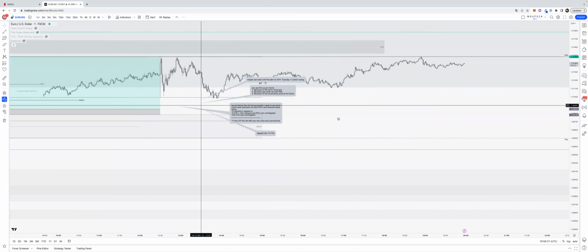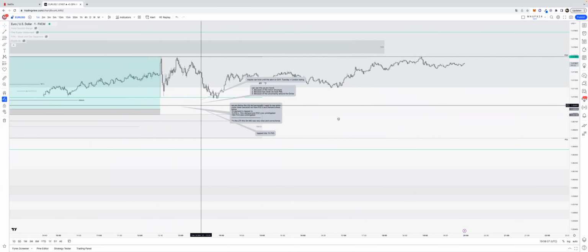I want to see if that looks better on FXCM. Probably does. Yeah, it does. Still gonna use FXCM, then line it up with the DXY. We still got equals down here, so we might see price come lower into this daily, or even taking out these lows.